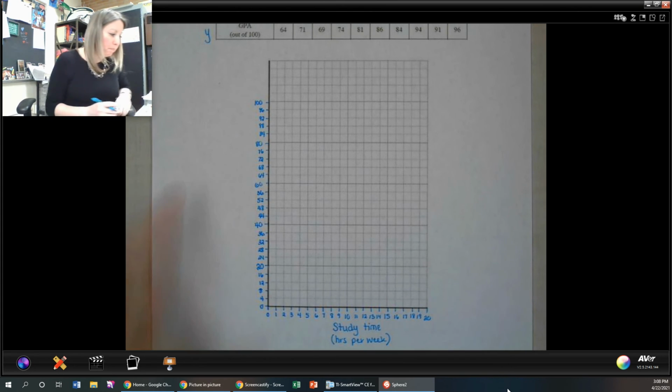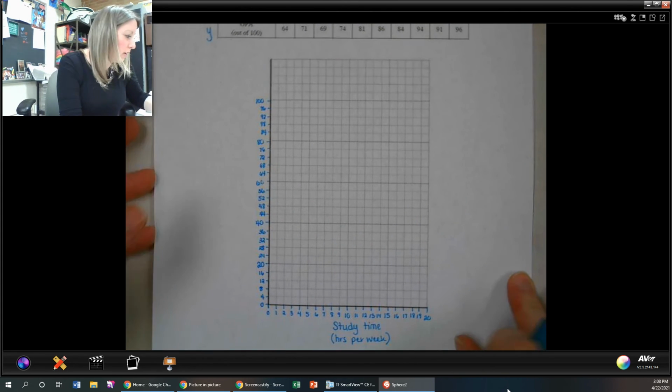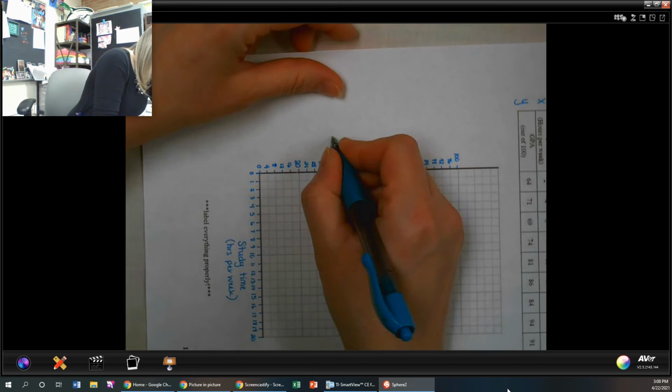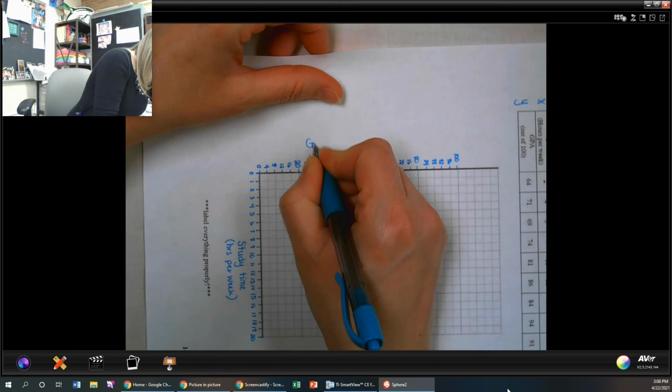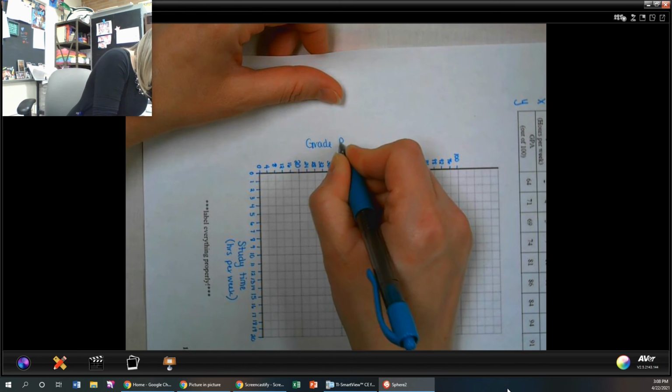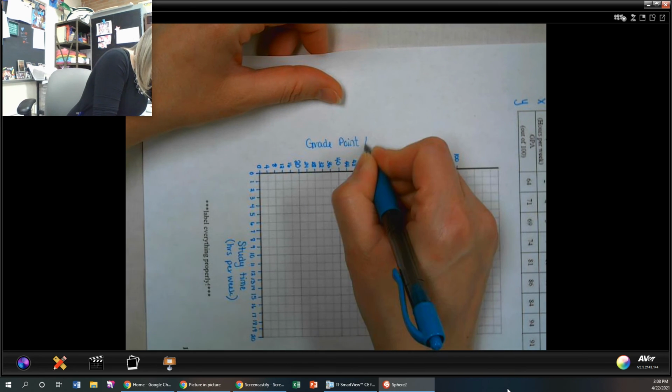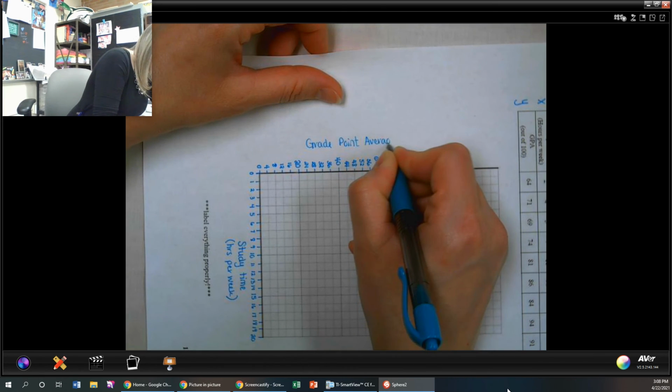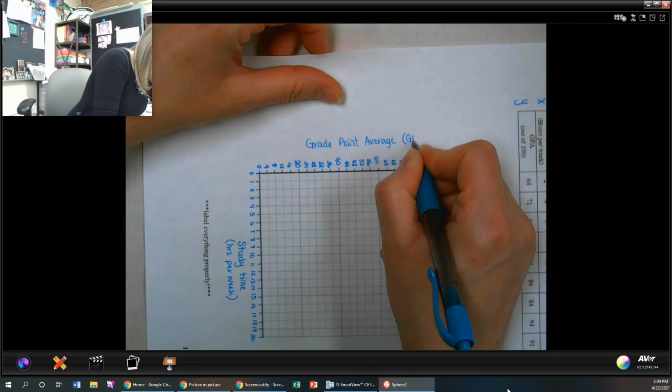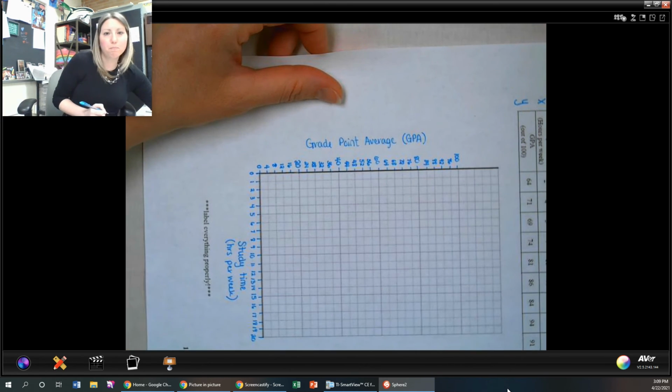And back down to 0. And then, of course, this side is our GPA, which stands for grade point average. There we go. Okay.